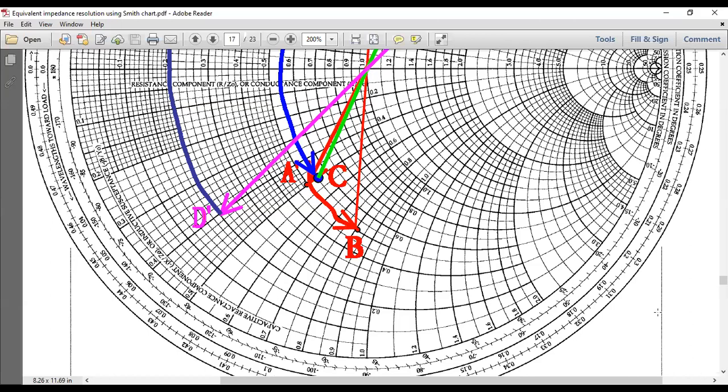You just write it down: if it is plus, then clockwise, and if there is a minus, then anti-clockwise.